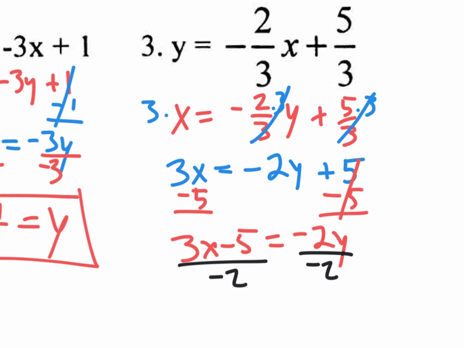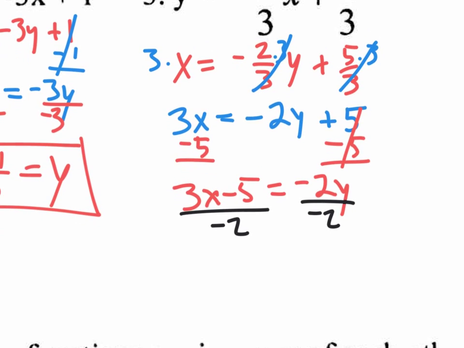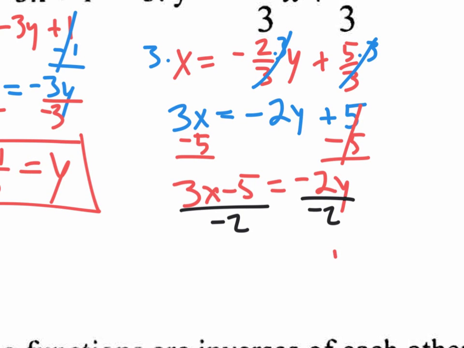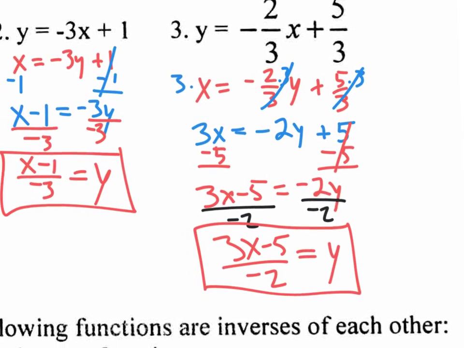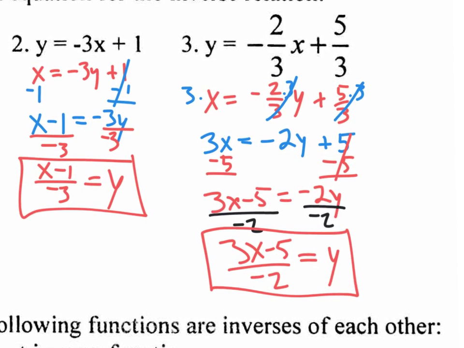So I will have my final answer: y equals 3x minus 5 divided by negative 2. And that is the inverse function of the above original. Once again, if I were to plug in this fraction, 3x minus 5 divided by negative 2, right here into the x spot, believe it or not, everything would cancel out except just x.